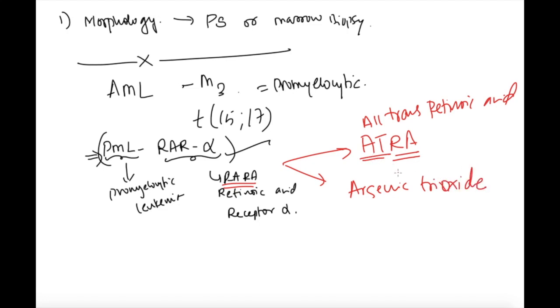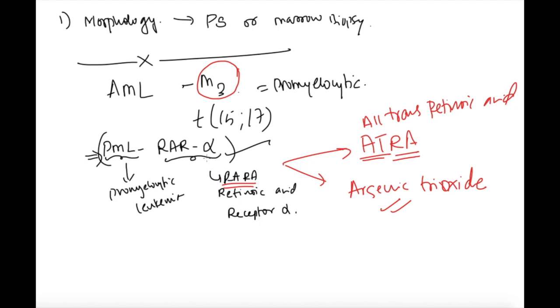So that is about the treatment of the M3 type. And out of ATRA and arsenic trioxide, this is more effective. And what do these two drugs do? They help in differentiation.